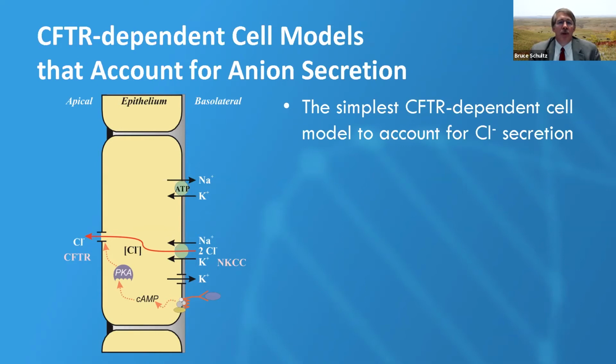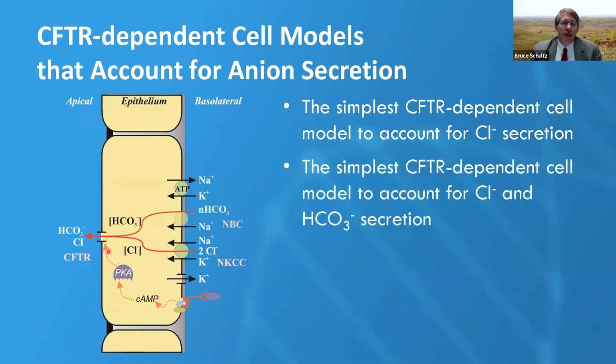The simplest CFTR-dependent cell model to account for chloride secretion has been with us for some time, proposed by the likes of Field, Frizzell, Boucher, and etc. It's a fairly simple model with 3 items in the basolateral membrane that allow for membrane potential to be maintained, and for chloride loading to occur while maintaining sodium and potassium recycling back to the blood side, or basolateral side. Stimulation of a G protein coupled receptor leads to activation of PKA and ultimately to phosphorylation of CFTR, and then allowing the exit of chloride down its electrochemical gradient.